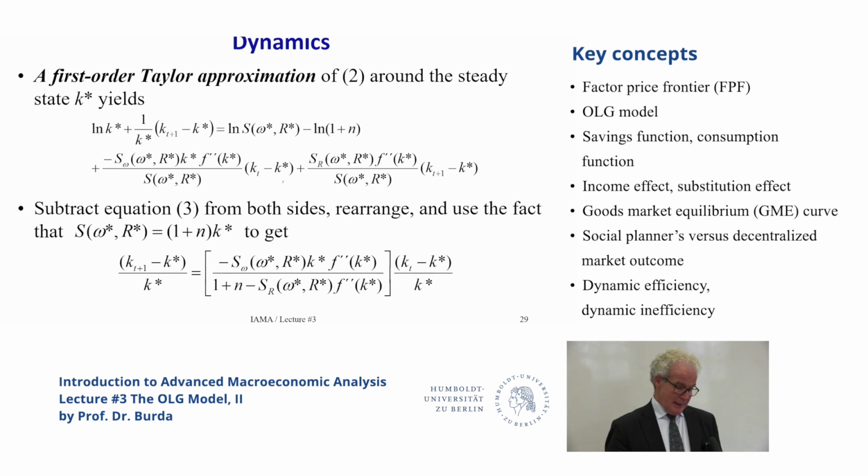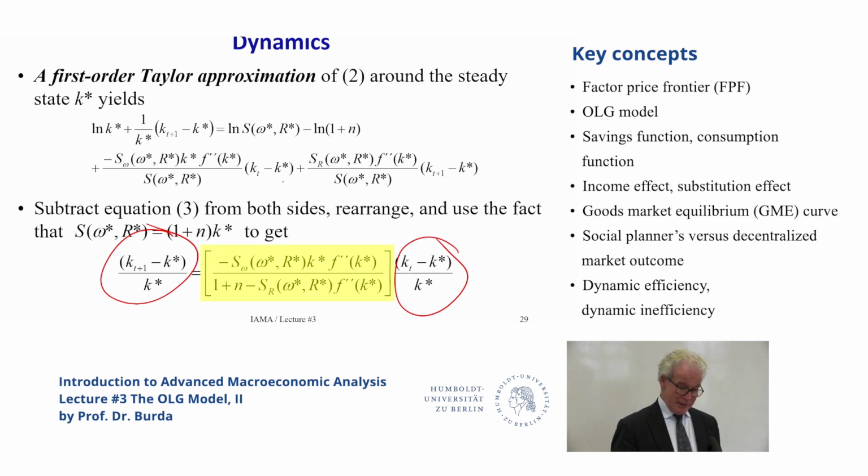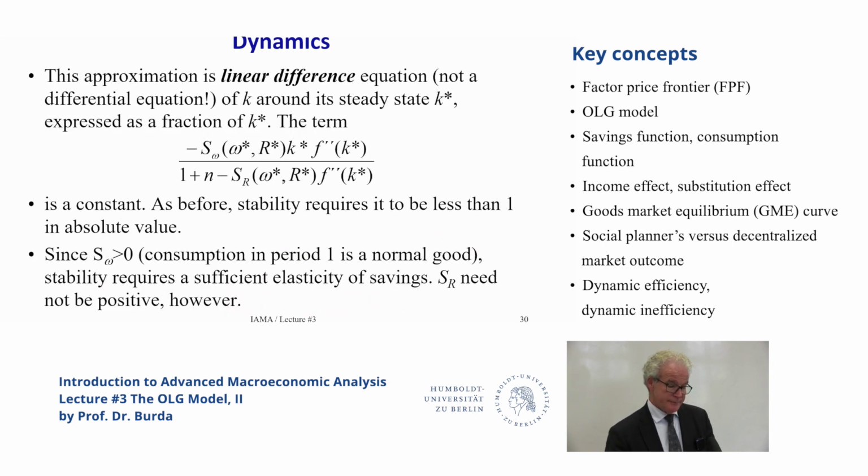So here you're looking at KT plus 1 deviating from K star as a function of KT deviating from K star. You can see those are both like percentages. That's why the logarithmic transformation is so useful. This object is exactly what we had before, and it's basically expressing the same stability condition.